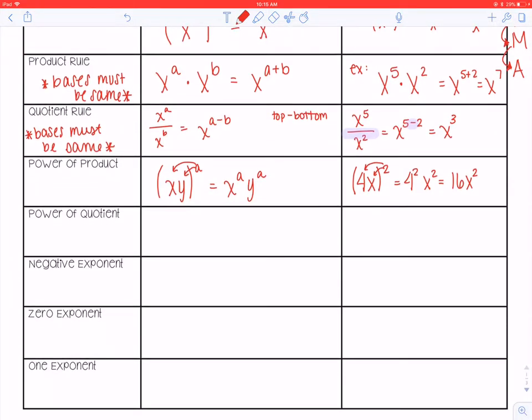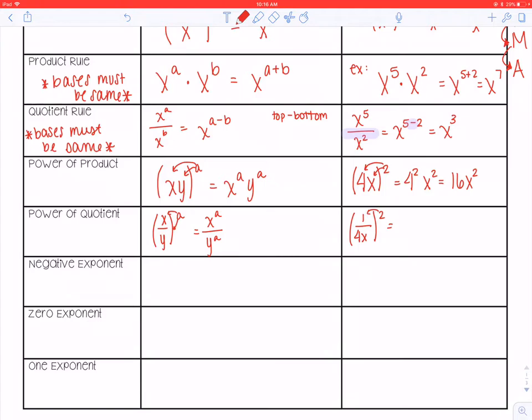Power of a quotient is the same thing, only instead of them being multiplied, they're being divided. So you still do that distributive idea, but it's not really. You give the top a squared and the bottom a squared. An example of that would be 1 over 4x, squared.